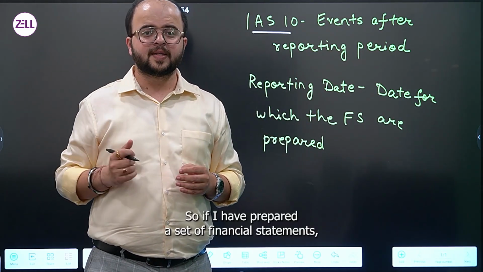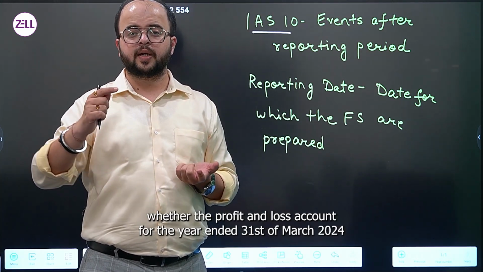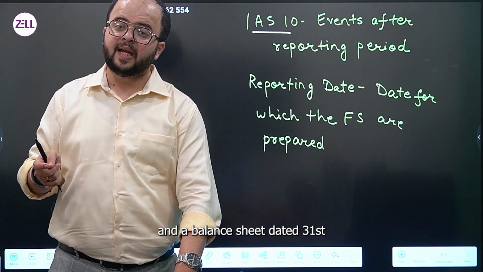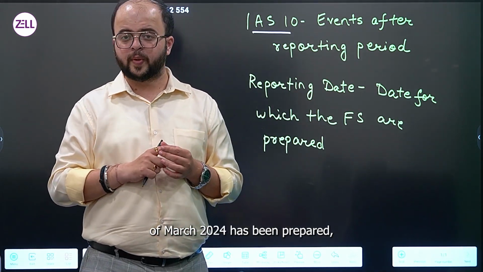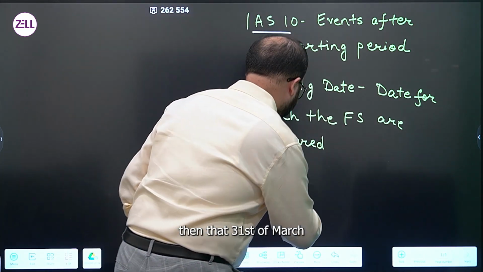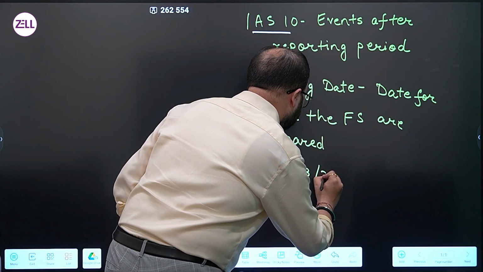So, if I have prepared a set of financial statements wherein the profit and loss account is for the year ended 31st of March 2024 and a balance sheet dated 31st of March 2024 has been prepared, then that 31st of March 2024 becomes my reporting date.